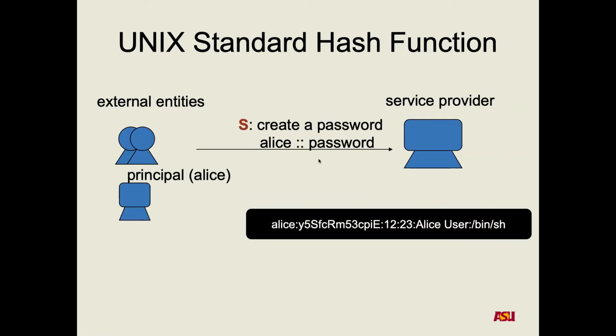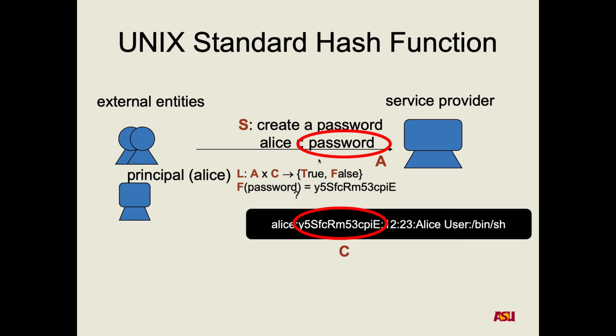So we looked at and we saw kind of the whole process of an external entity logging in and authenticating to a server using their password and how the server is actually able to verify their information.